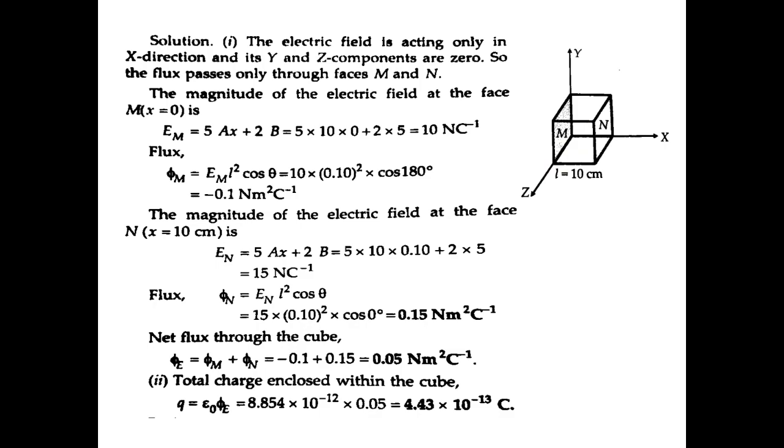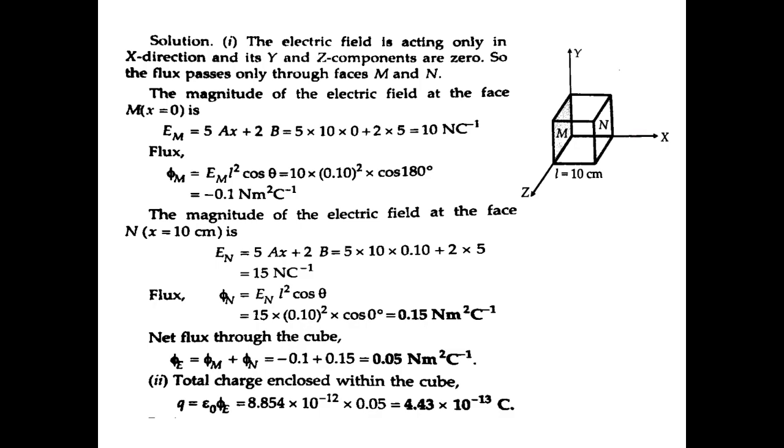Here the value of theta will be 180 because the area vector is pointing towards the left side and the electric field is pointing towards the right. So the angle between these two is 180 and the area of the left face is L square. So phi m becomes minus 0.1 Newton meter square per Coulomb.